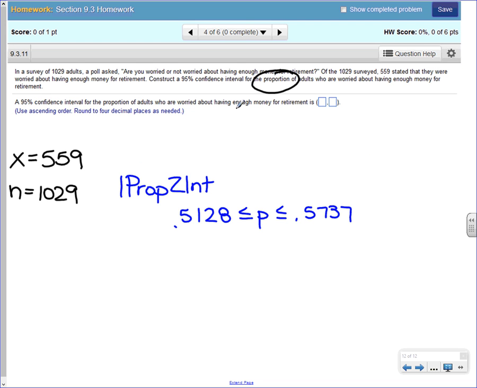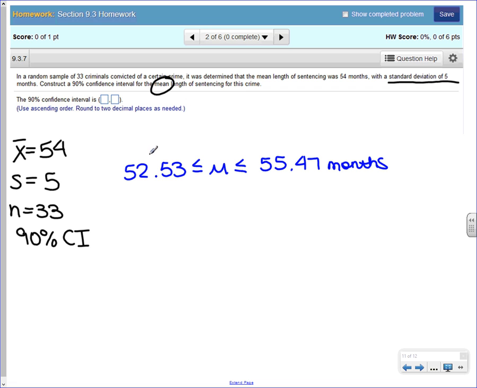When we're talking about proportions, it should say proportion. And they don't give you a standard deviation, because remember, we calculate the standard deviation by doing the square root of p hat times 1 minus p hat over n. So those are the two differences. If you're talking about means, we're going to do the t-interval in our calculator. That's what we just talked about.